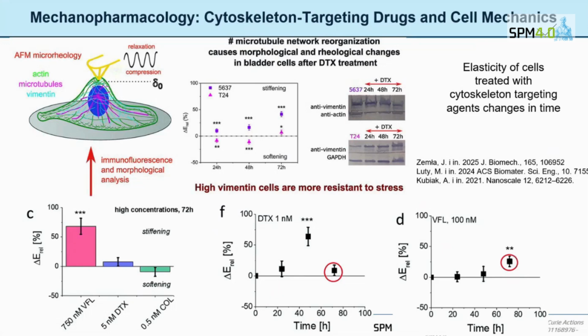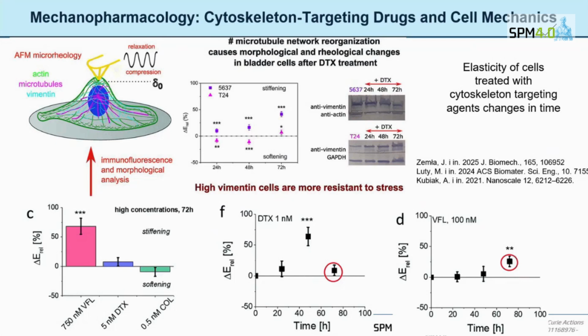We applied these methods also to check what is the cell response to cytoskeleton targeting drugs. Cytoskeleton targeting drugs are a new family of chemicals used in recent years to treat cancer.